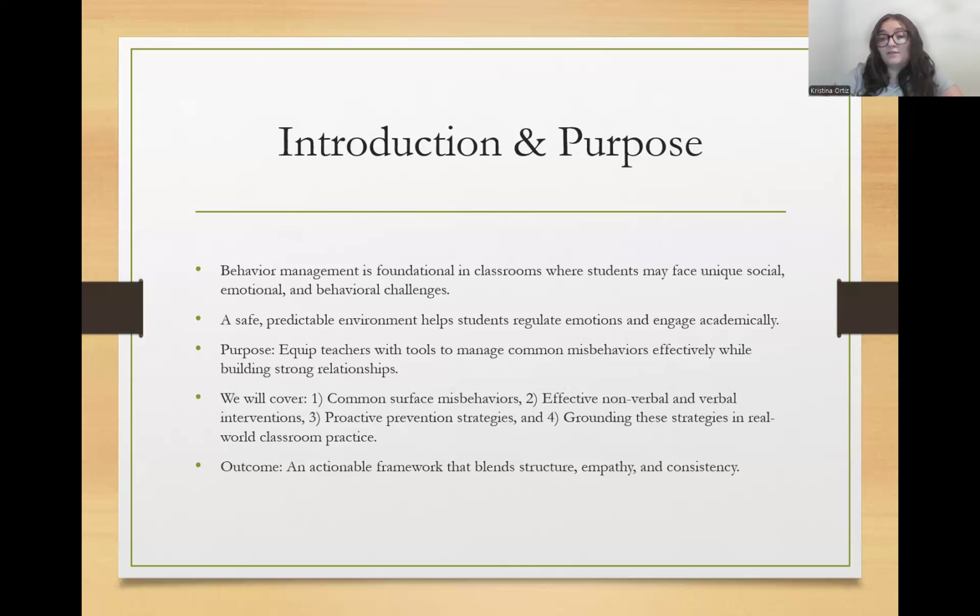We will talk about nonverbal ways and also verbal ways you can deal with these behaviors. And then proactive prevention strategies, how we might be able to prevent these behaviors from happening, grounding these strategies in real world classroom practice. The outcome is an actionable framework that blends structure, empathy, and consistency. That's what we're hoping for.